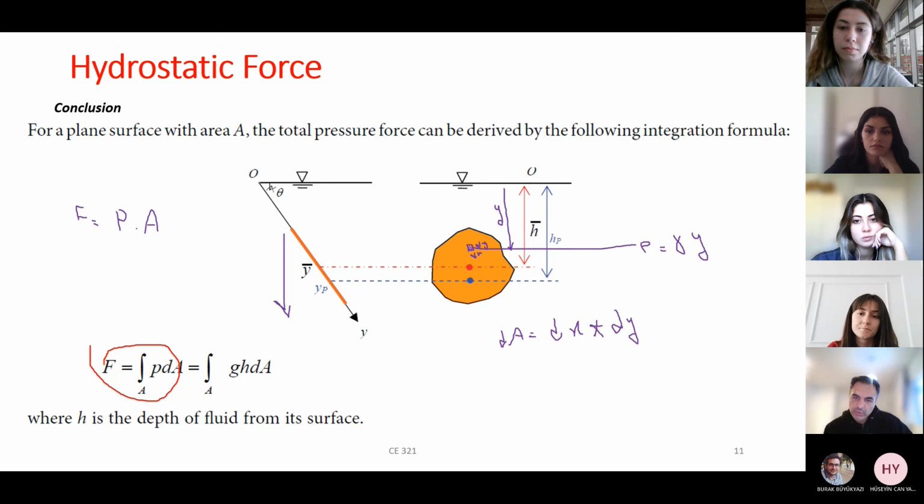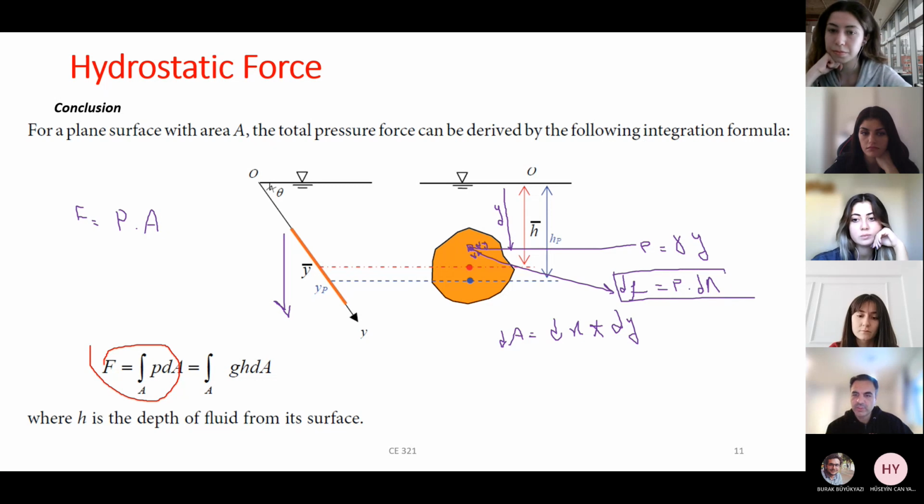So at this point, I can find differential force equals to P times differential area. Okay, this is the general solution. Differential force equals to pressure at the point that you considered times differential area.